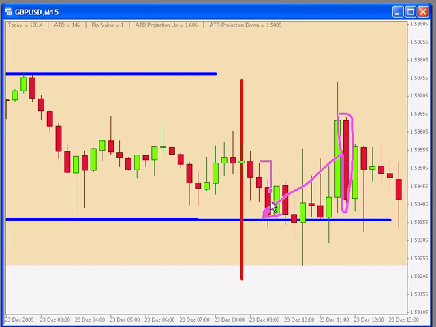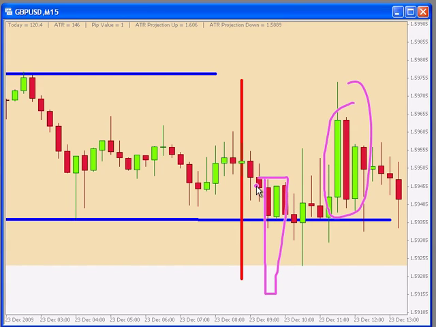We want to see this massive bar breaking through the Tokyo bands, signifying that the London session is going to be an active, momentum-filled session. That's a must-have requirement. We want to see a beautiful long bar at the breakout point within the first hour of the London Open.